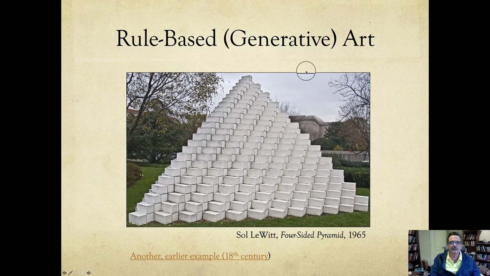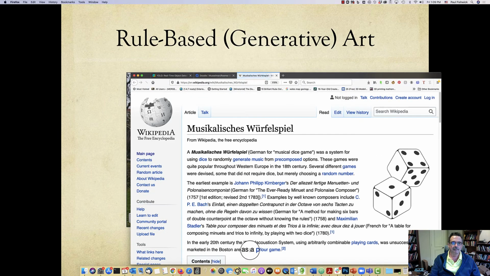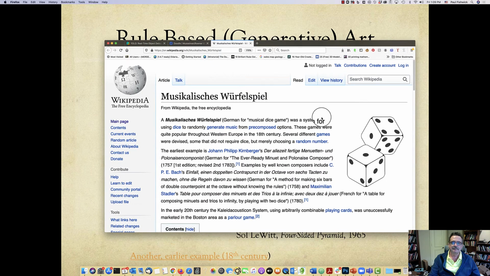And this idea of using rules kind of goes way back. There's a classic example of Mozart, and whether it's Mozart that did this or not, this is an 18th century example. Let me just go ahead and open it up. The idea is that you can create music from rules where you basically have a pair of dice.